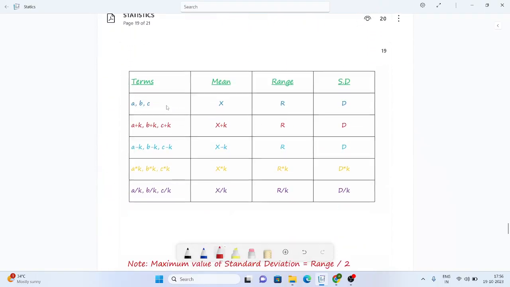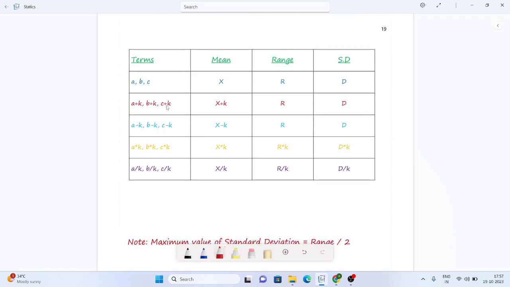Okay, so I generalize this result in the form of a table for remembering. Let's say the terms are A, B, C, and the mean is x, range is r, standard deviation is d. When you add some constant, you also add this constant to the mean, but the range and the standard deviation will remain the same.